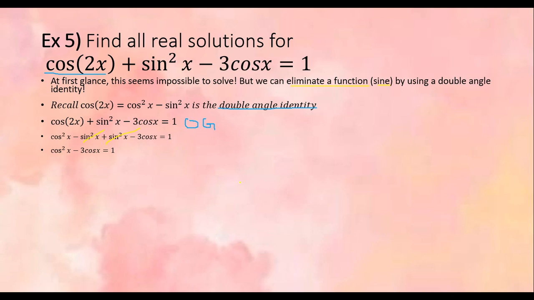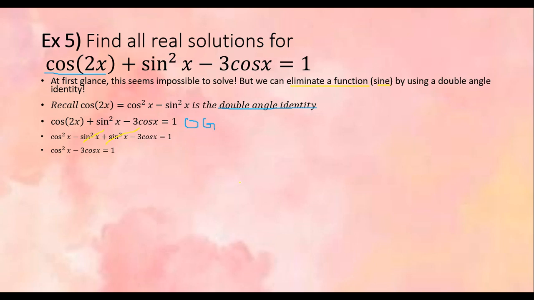This is cool because now I have an equation only in terms of cosine. I can do things in just sine or just cosine or just tangent. Throw me anything. If it's all in the same terms, I can probably finagle something. But once it's in a bunch of terms, that's where it starts to give us issues.